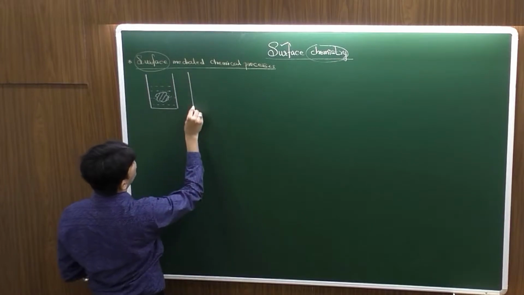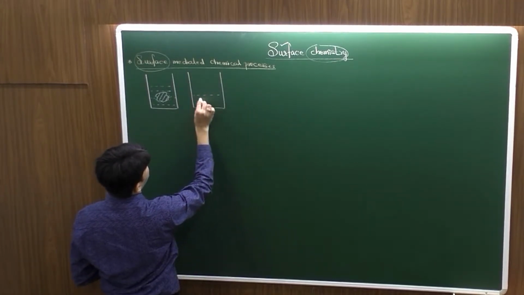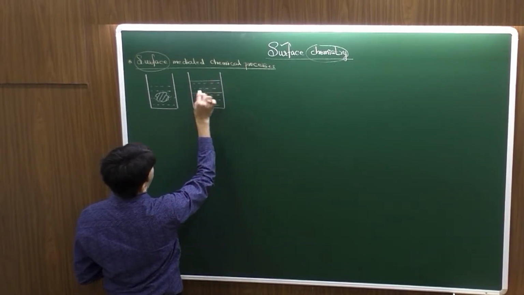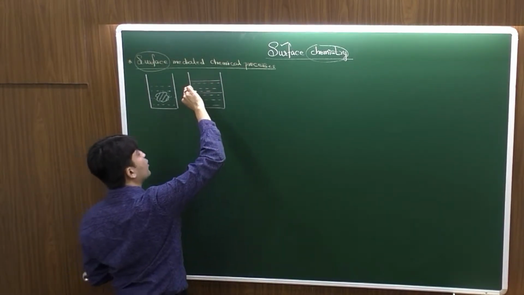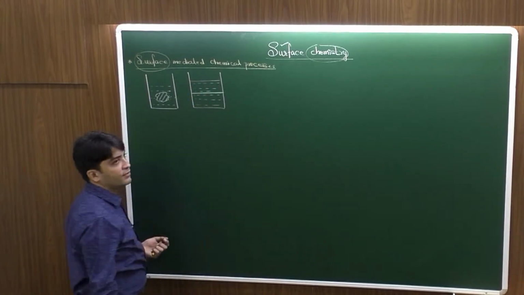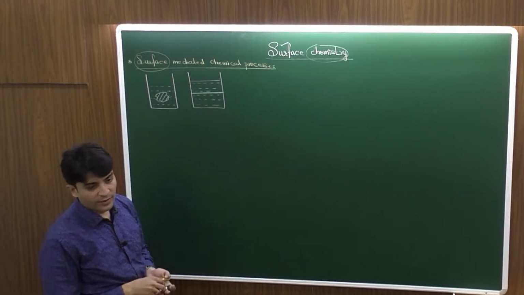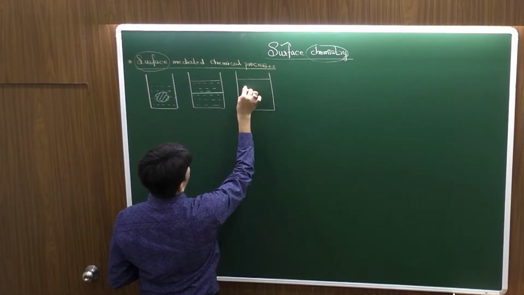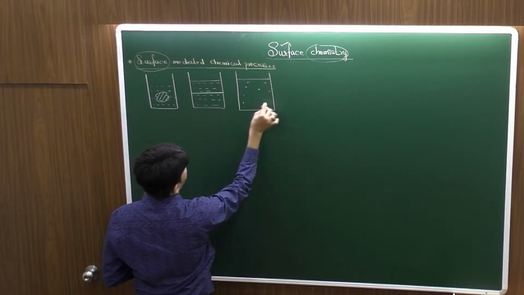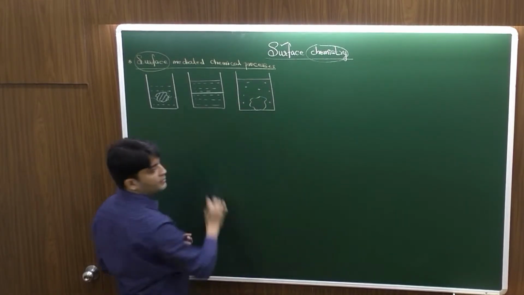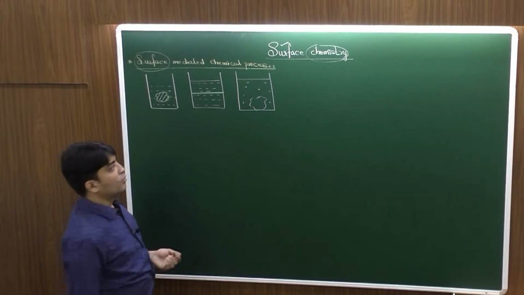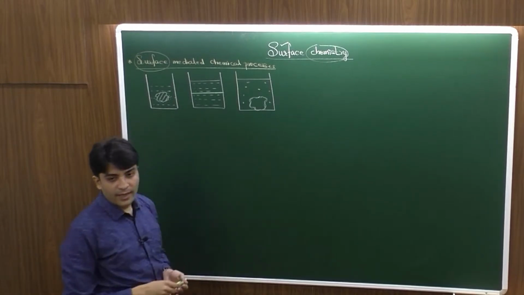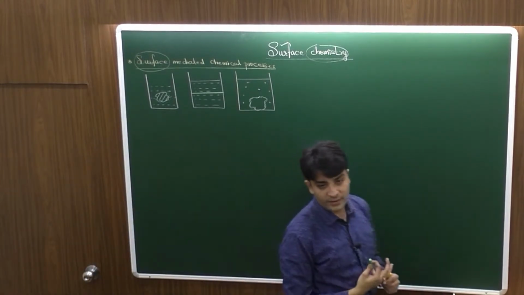Similarly, if I have two immiscible liquids like oil and water, then the boundary separating the oil and water or two liquids which are immiscible is again the surface. There can be a possibility that I have a gas or the molecules of the gas which are enclosed along with some solid. Correct? So again, there is a boundary which is separating the solid with the gas, and this boundary is also called as surface.